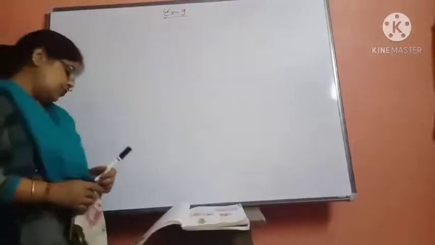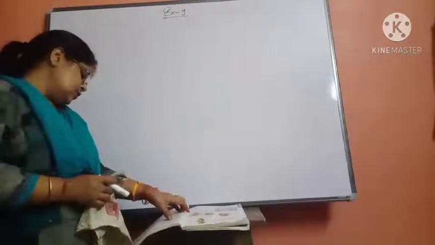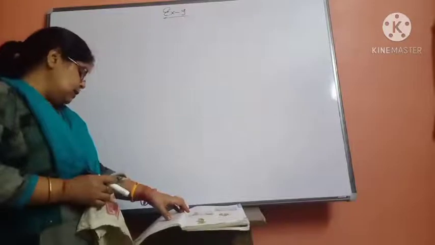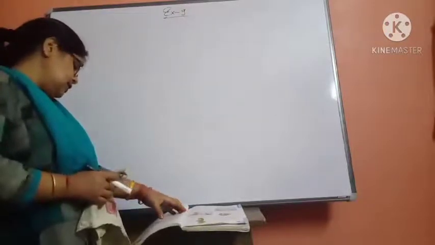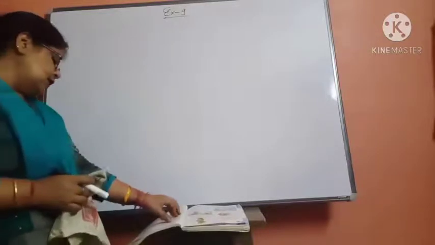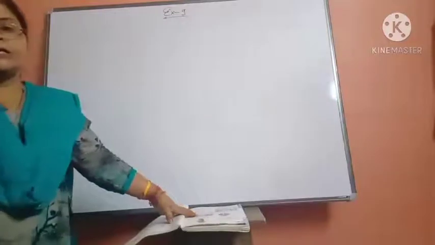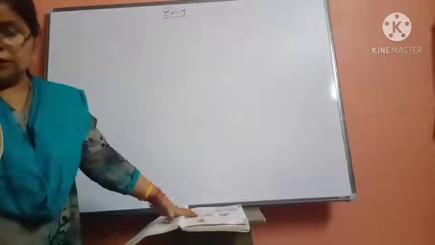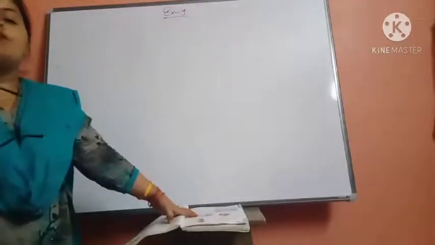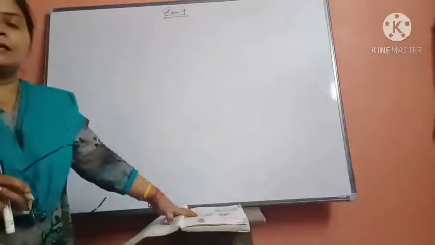See, beta, this question number 10 we have completed. Now question number 11 comes. Three identical coaches. Identical means, beta, same. Identical coaches means if in one coach suppose 52 passengers can sit, then in another coach the same number of passengers can sit.